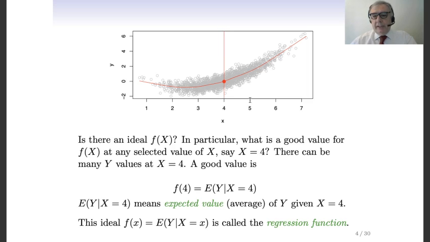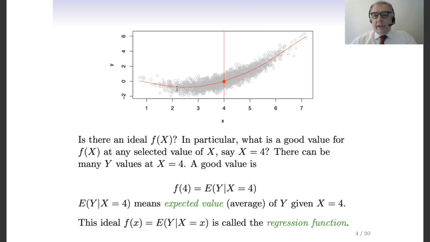So if I take x equal to 5, then I just draw a vertical line, I select the values of y in correspondence of x equal to 5, and again I'm going to take the conditional expectation, the average value of y given x equal to 5.